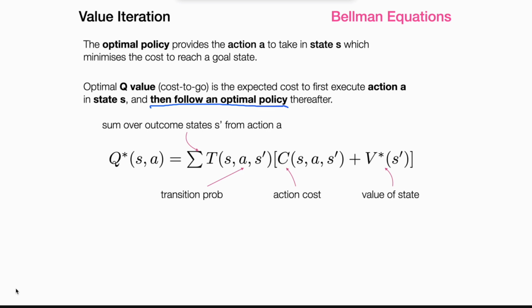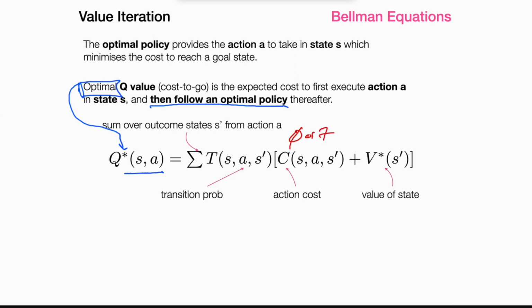So here we've got our Q value, and the star up here means it's optimal. So we're going to calculate the optimal cost. And the function has 3 things. It has the cost of the action SA, which in our previous example was the one that was either 0 or 7.